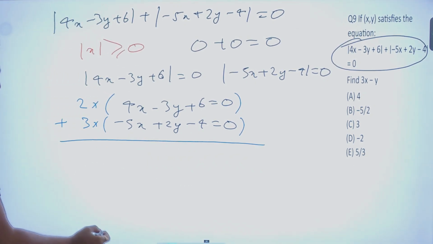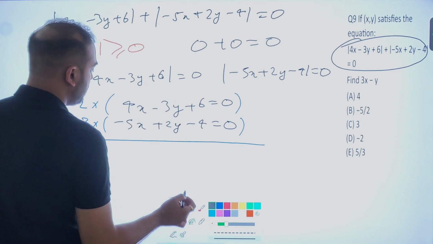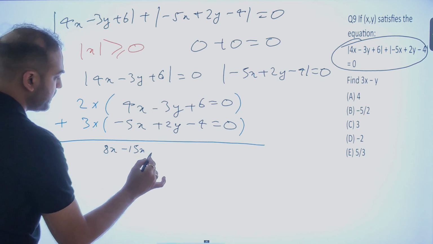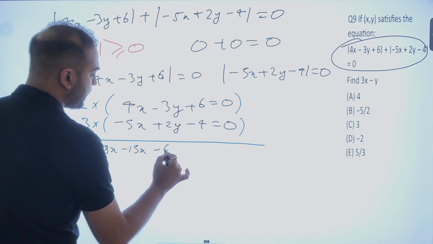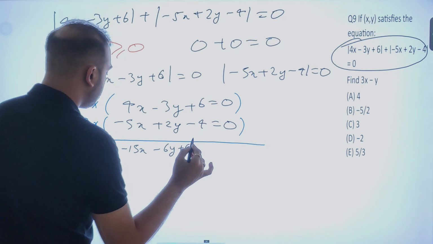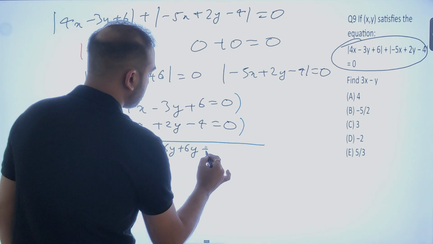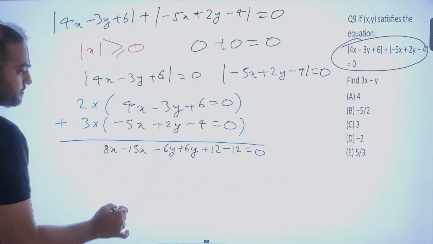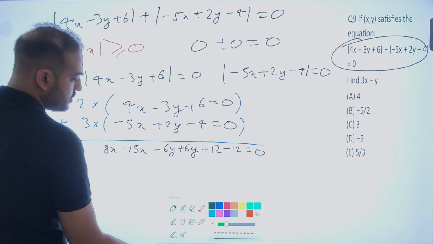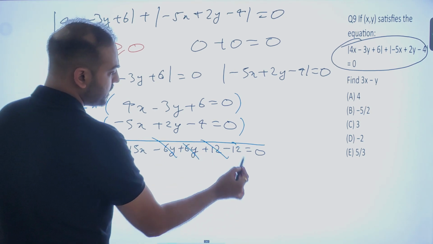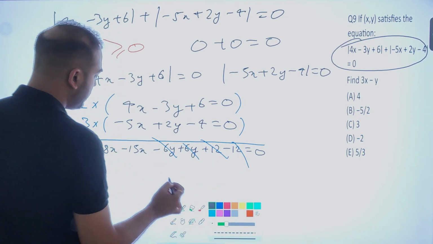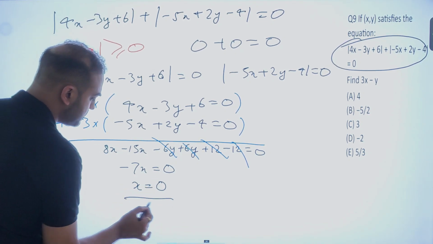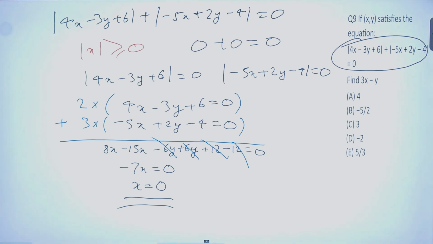I get 8x minus 15x, minus 6y plus 6y, plus 12 minus 12 equal to 0. 6y cancels out, 12 cancels out. What do I end up with? Minus 7x is 0, which means x is 0.